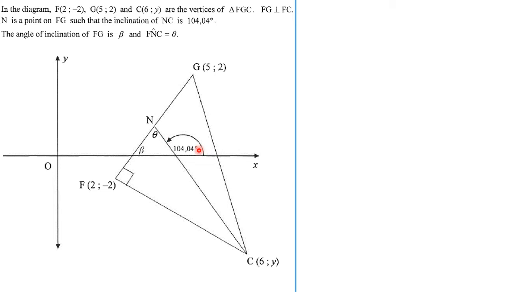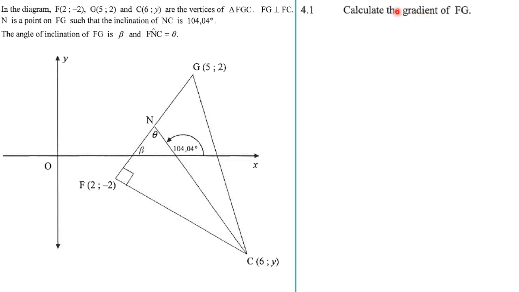You understand? Now let's look at the first question, question 4.1. It says calculate the gradient. In analytical geometry, the selection of the correct formula is the one that will help you to get the correct answer.